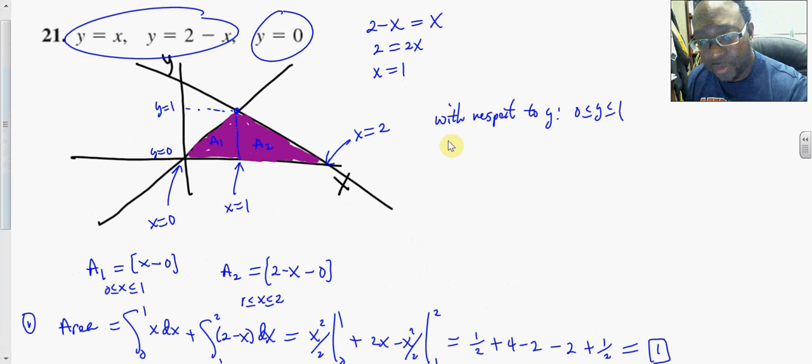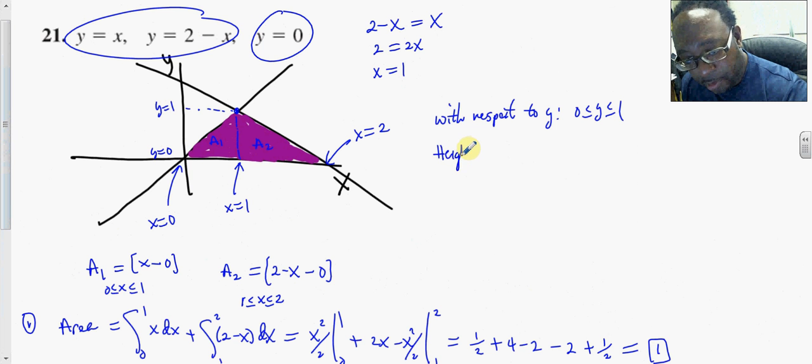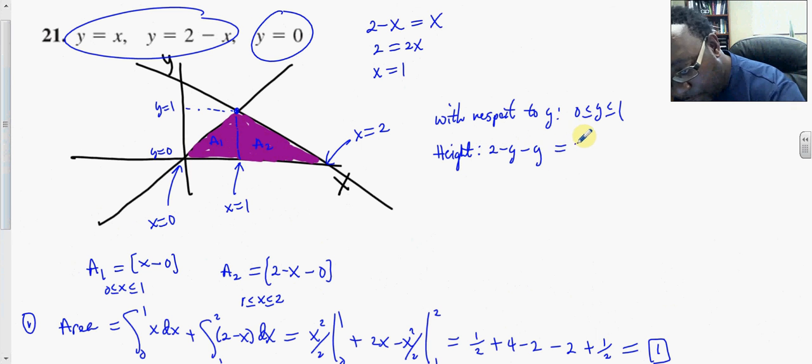Good, remember that. So this is 2 minus y minus y. So this is just 2 minus 2y.